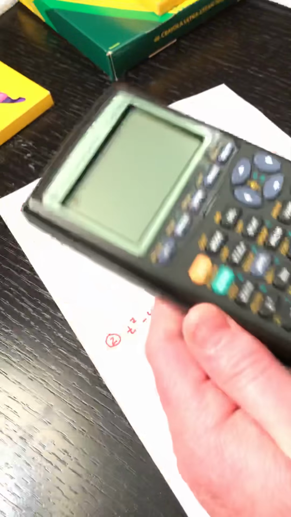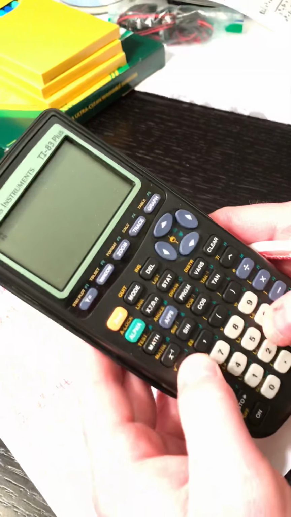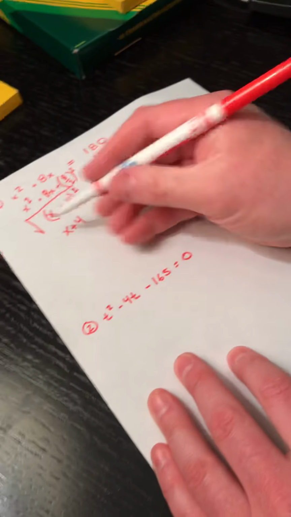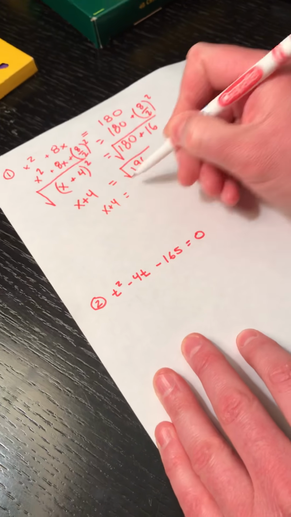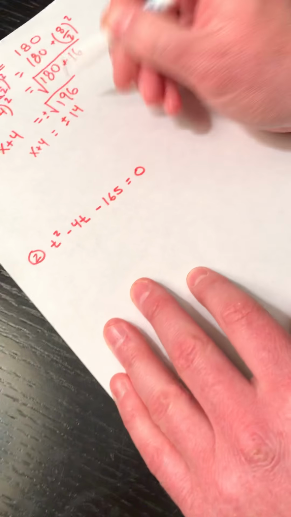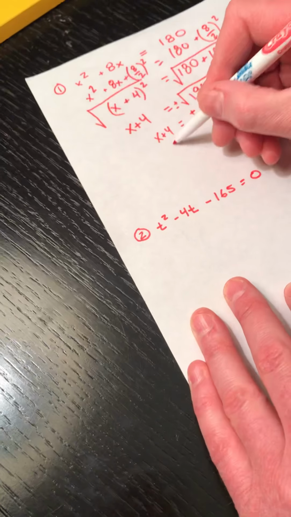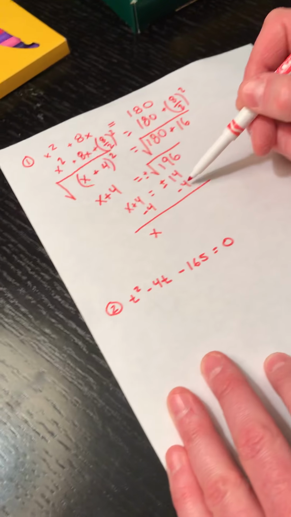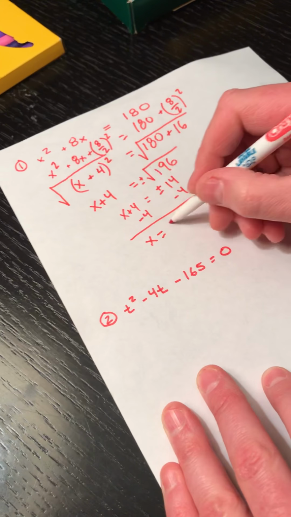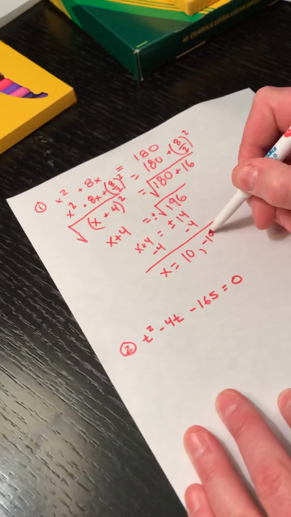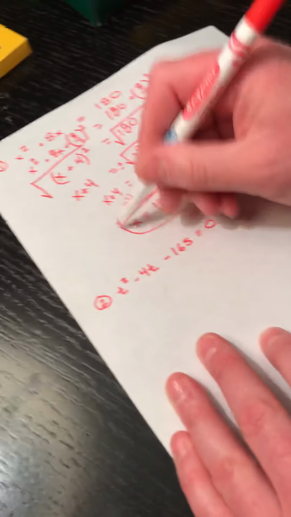And if we get our trusty calculators out, the square root of 196 is 14. So we have x plus 4 is equal to, remember, plus or minus 14. There's our two problems. Because when we subtract 4 on both sides, x is going to equal a positive 14 minus 4, which is 10, and a negative 14 minus 4, which is negative 18. So there's your two answers.